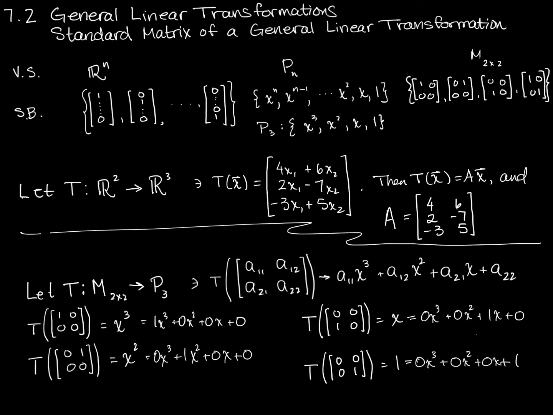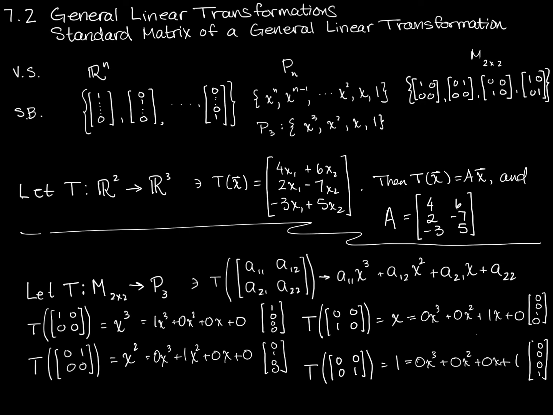and how we write polynomials as vectors is we take the coefficients and we write them as entries in the vector. So we have 1, 0, 0, 0. Here we have 0, 1, 0, 0. 0, 0, 1, 0. And 0, 0, 0, 1.